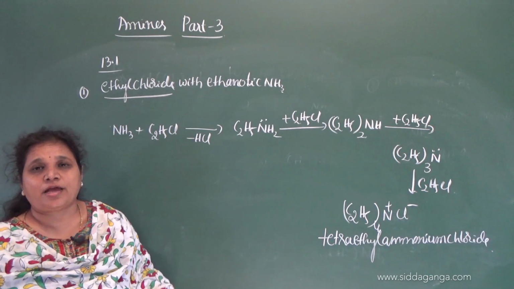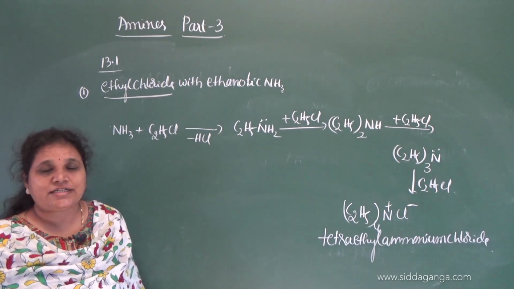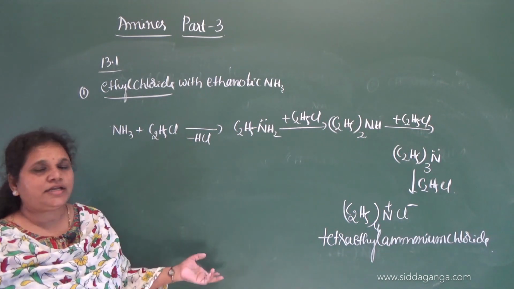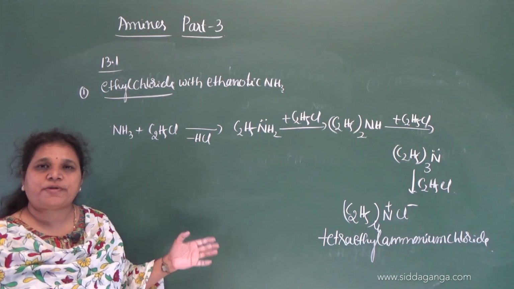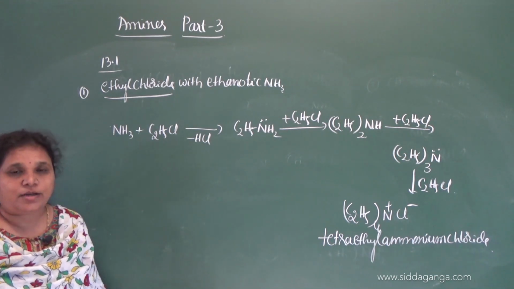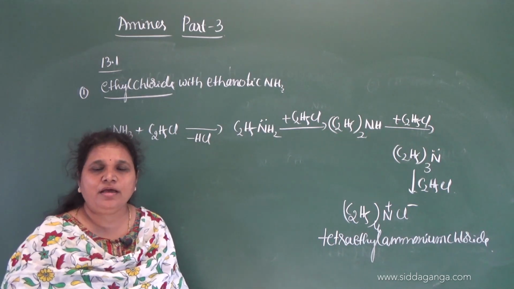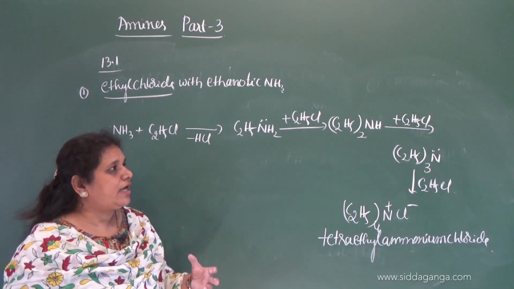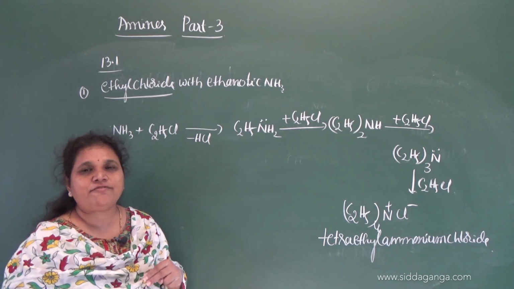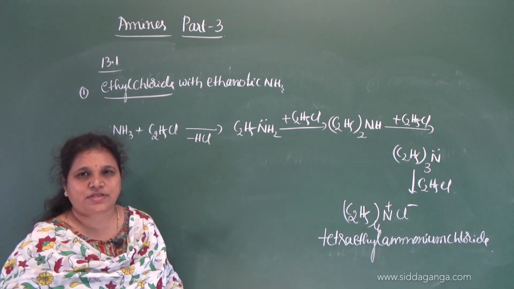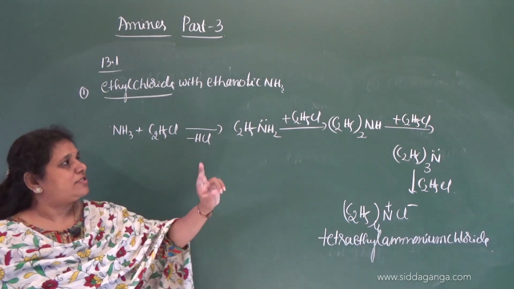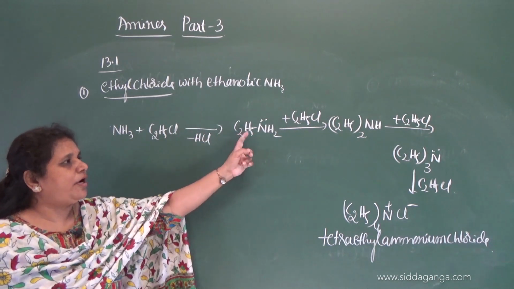This reaction can be used in order to identify the primary or the secondary amine. We can identify whether the given amine is primary or secondary. So how? If a given amine utilizes 2 moles of alkyl halide for its conversion, then after utilizing 2 moles of alkyl halide, what you get?